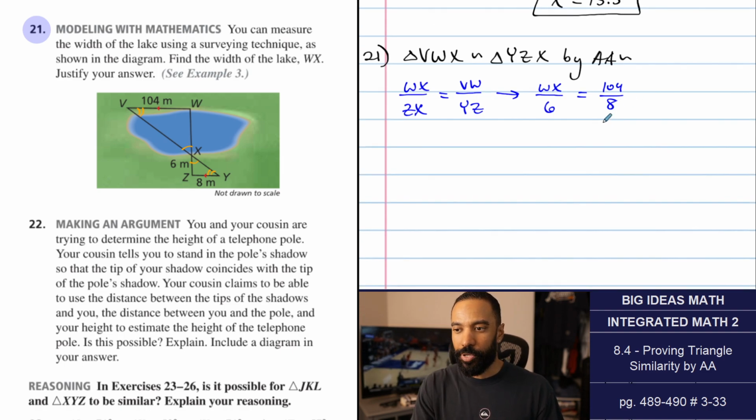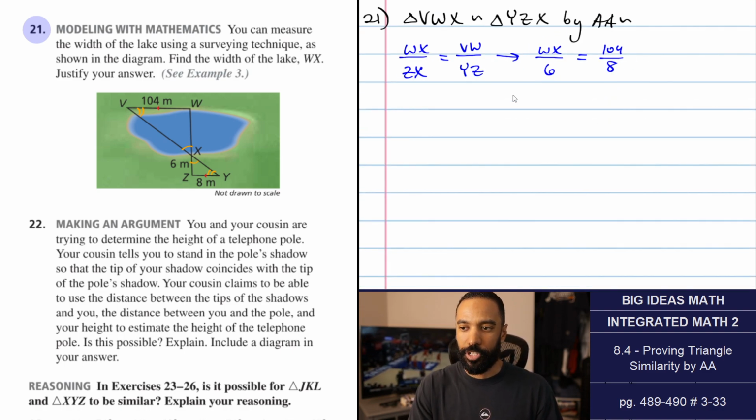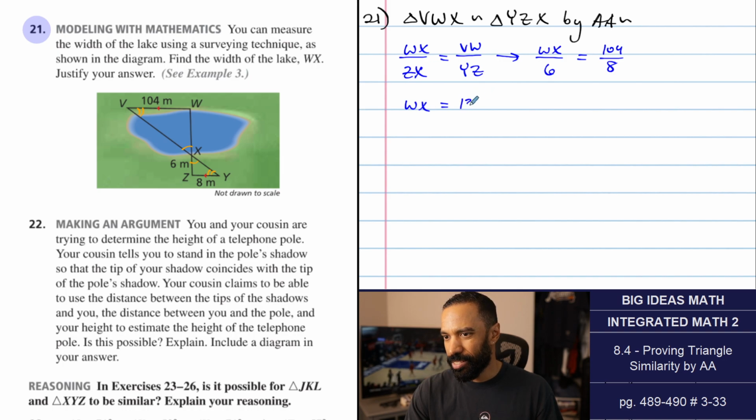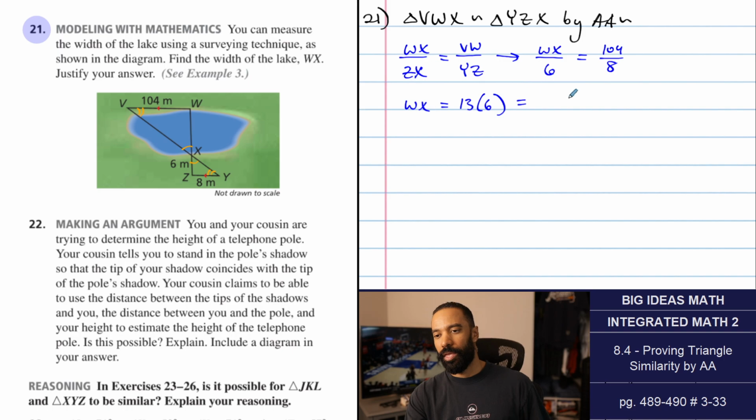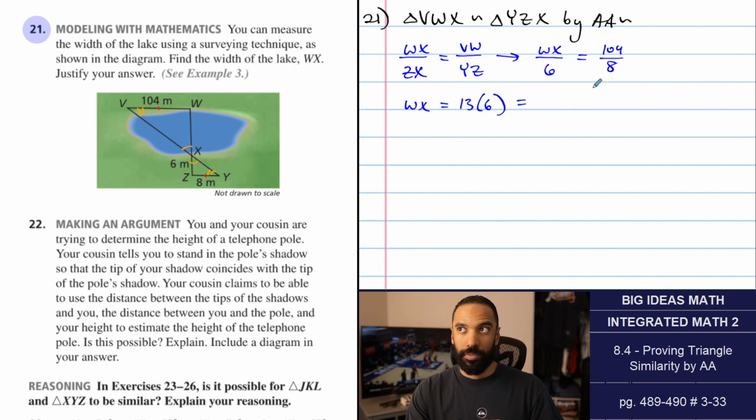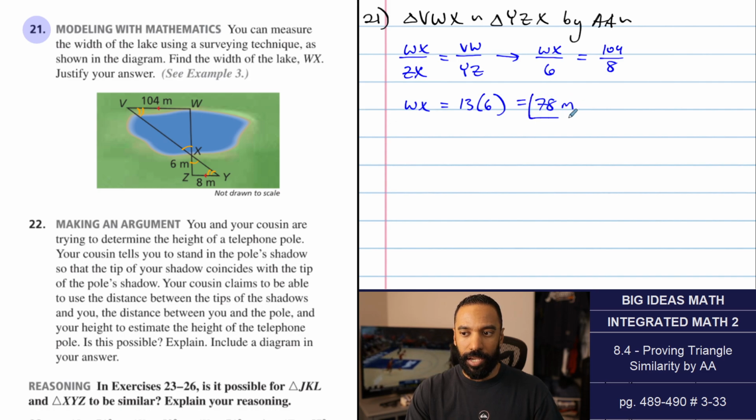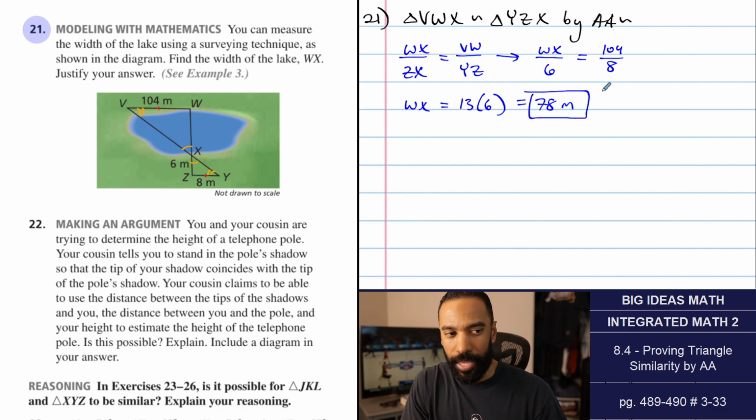That's something I'd love to reduce, so actually let's just multiply both sides by 6 and see where we go from there. 104 over 8 is 13, I think. 13 times 6, and we get 78 meters, and that should be the length of WX.